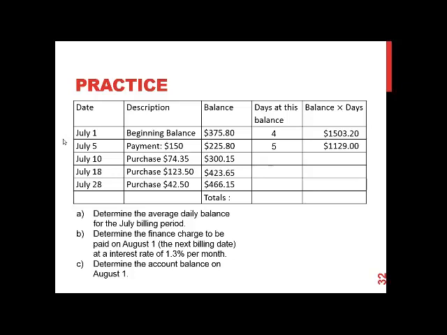Looking at our balance of $300.15, we have that balance until July 18th. So if we take the difference between July 18 and July 10, we get 8 days. Multiply the 8 days times the $300.15. That gives us $2,401.20.